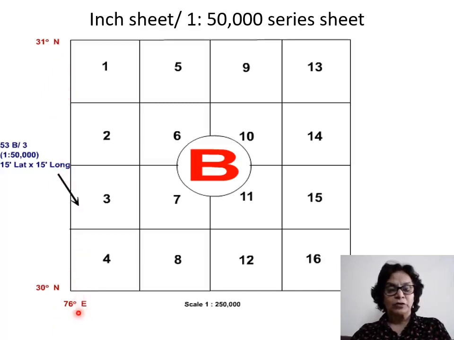And along the longitude we have 76 degrees east, 76 degrees 15 minutes, 76 degrees 30 minutes, and 77 degrees east. Okay, so we have a 15 by 15.